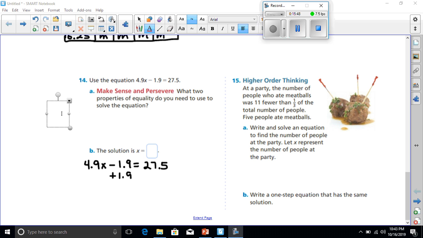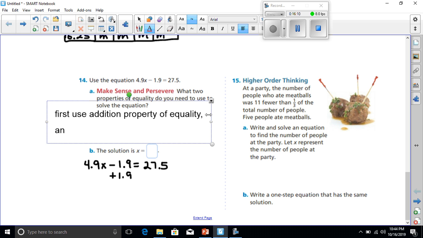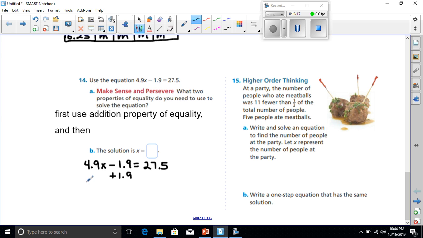Okay, so first use addition property of equality, and then let's see what we're going to have to use next. Once we use the addition property of equality, remember whatever I do to one side, I have to do to the other, so this is going to be 1.9 over here.